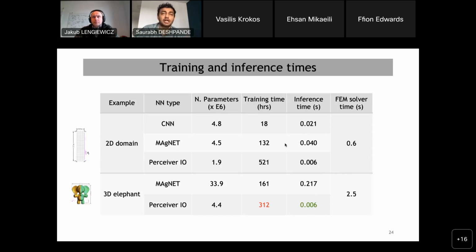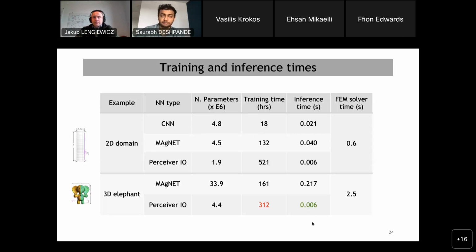But also, if you look at how the training goes, what we observed is that for MagNet and CNN, you know a priori the topology of the mesh, and therefore it learns a bit faster. The loss goes down fast, and then slightly decreases towards the end. Perceiver IO, on the other hand, takes time to reach the optimal solution, but then it's extremely fast.